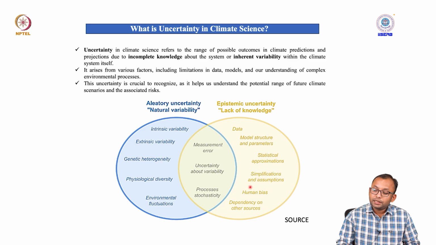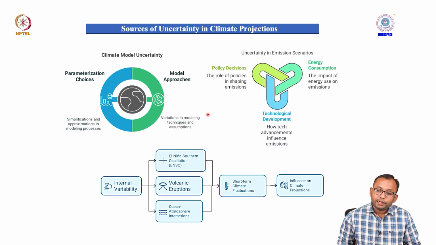Simplifications and assumptions, human biases and dependency on other sources sometimes create a lack of knowledge, or epistemic uncertainty, in our system. So, primarily measurement error, uncertainty about variability and process stochasticity are the primary drivers of natural variability and lack of knowledge, which jointly affect the results of our model predictions and create uncertainty in our modeling data set, the climate projections data set.